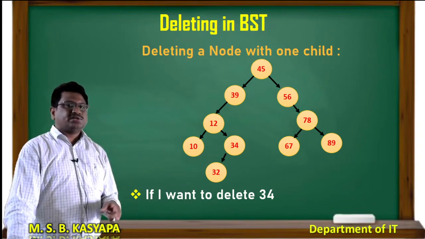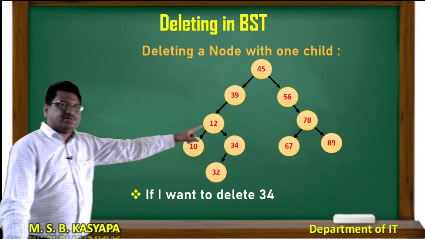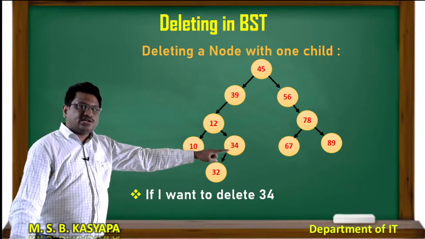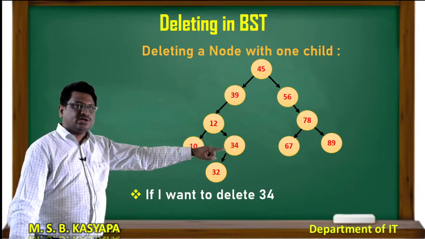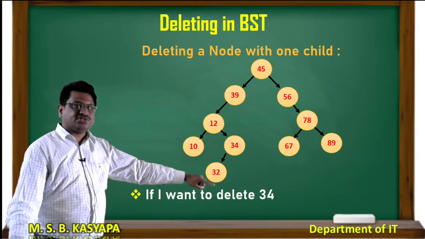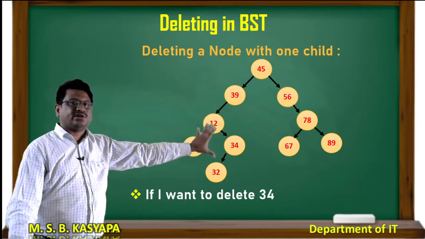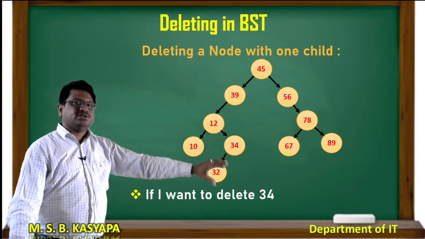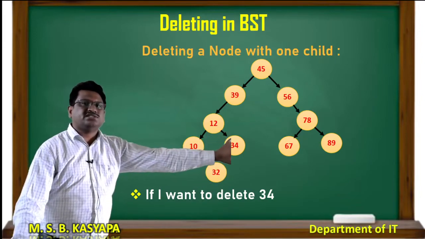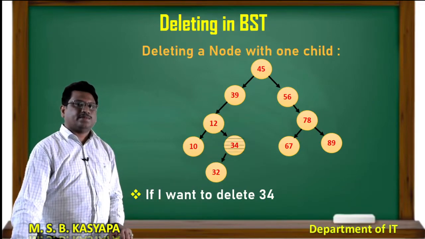So, for that purpose, I have to establish a connection between the parent of 34 and the child of 34. That is 12 and 32. In other terms, 32 is simply replacing 34.